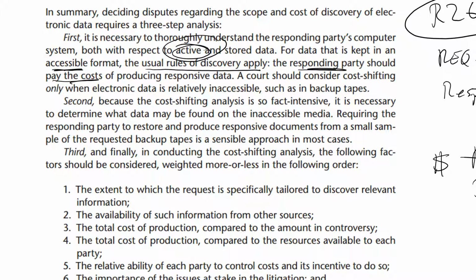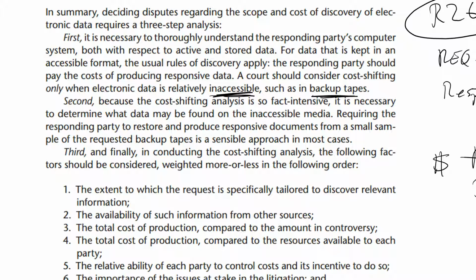But what about when the information is not easily accessible? It's inaccessible, such as backup tapes. Or how about stuff that's on tapes from, say, 20 years ago, and that format's now kind of archaic, and we have to use old technology or locate old machines, or we have to hire experts that know the old technology.